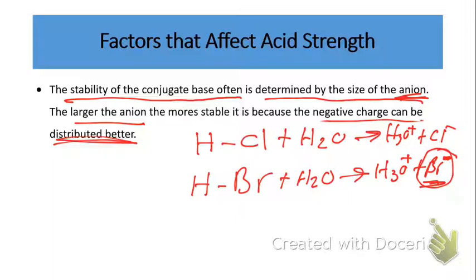So therefore, HBr is a much stronger acid than HCl, because the anion is more stable, as well as the fact that it's easier for this H to be released because the bond strength here is weaker. Okay, so we have two ideas going on: the stability of the atom and the bond strength itself.